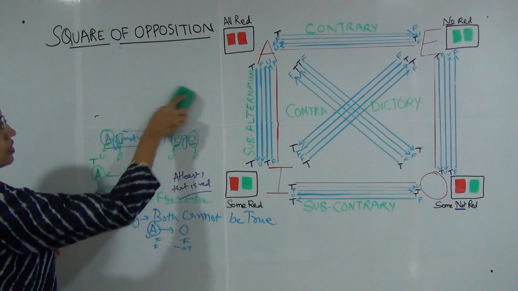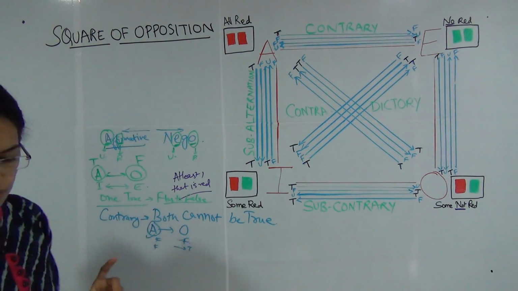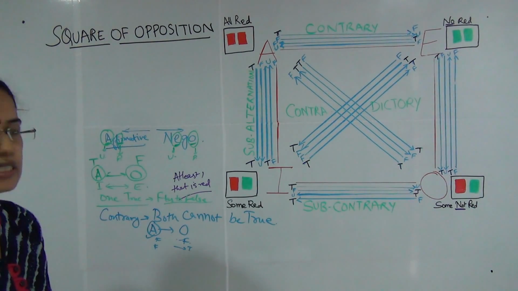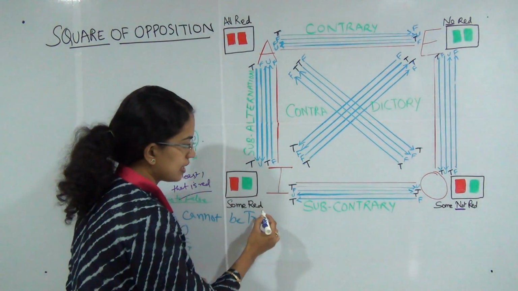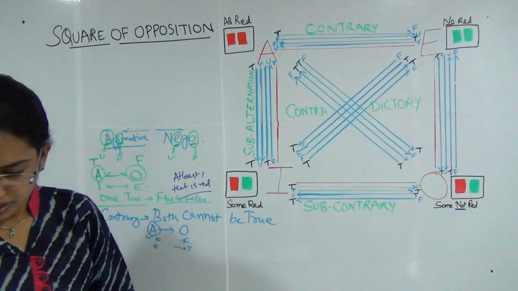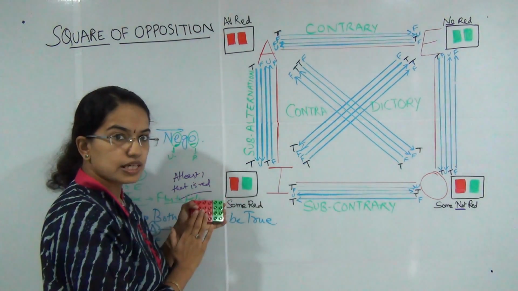Under the subcontrary approach, what we say is both cannot be false in nature. So I have some blocks that are red. I have the three blocks here. I am saying there are some blocks that are red.